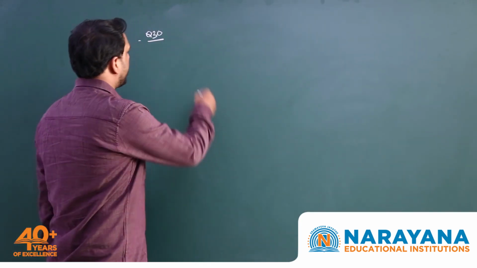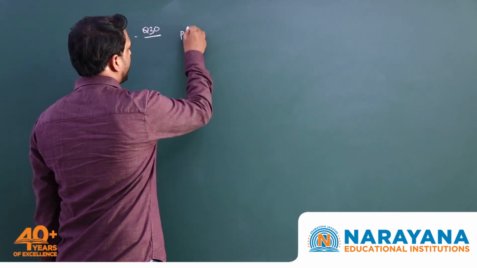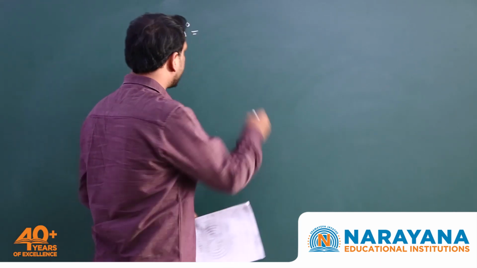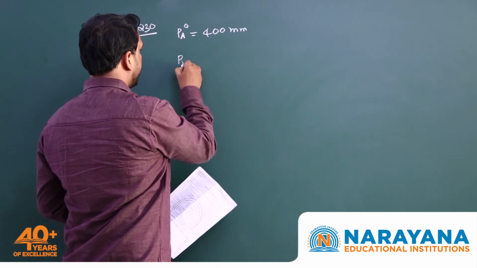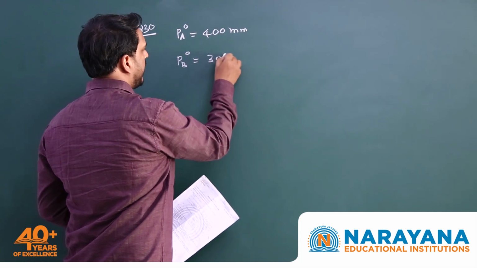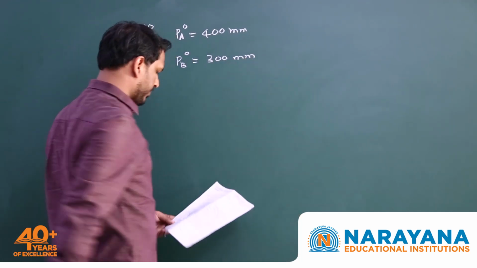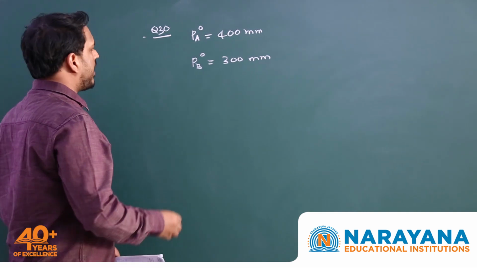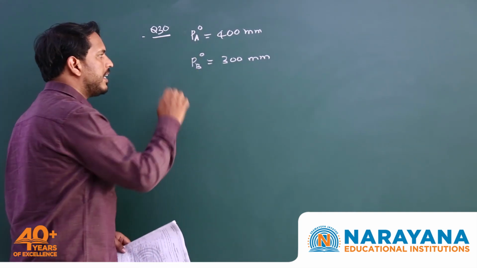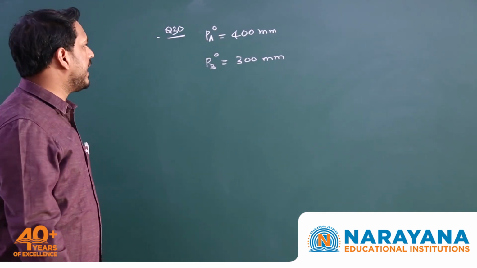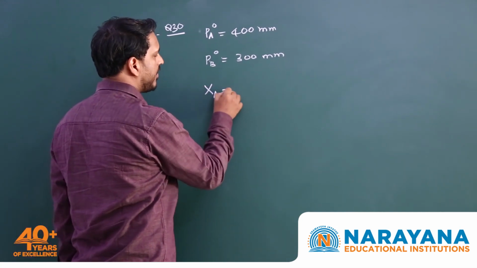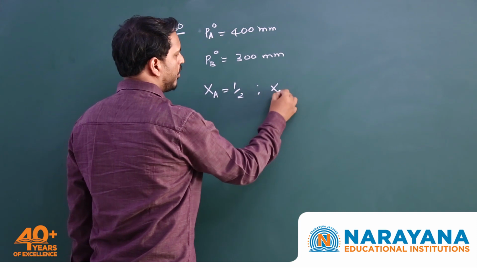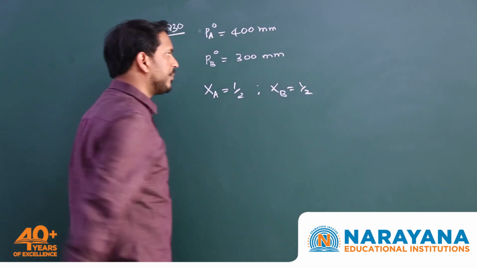There are two liquids with vapor pressures PA0 = 400 millimeters and PB0 = 300 millimeters. What is the vapor pressure of a solution having equimoles of A and B? If the moles of A and B are the same, the mole fraction of A is 1/2 and the mole fraction of B is also 1/2.